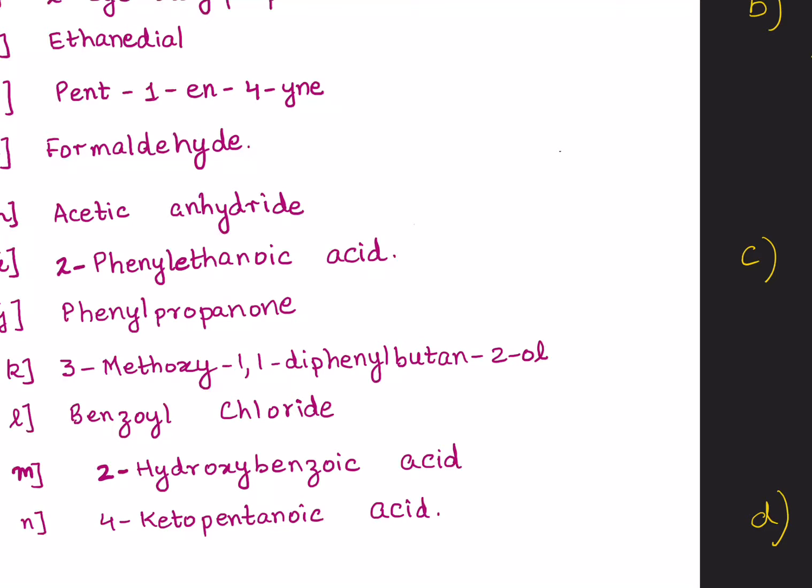Phenyl propanone. So again, what will be your word root? Prop. That means we will have 1, 2 and 3. Phenyl, that means at the first position itself. So let me number this as 1, 2 and 3. So we will have C6H5 here. Propanone. Now where will the double bond O be? If you notice over here, we have not said 2-propanone or propan-2-one.